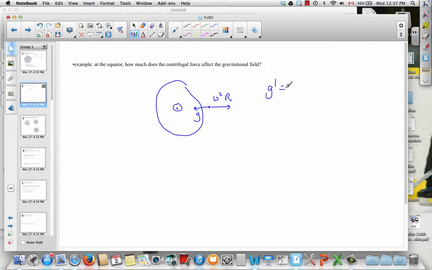So the resulting gravitational field is just made a little bit smaller by the centrifugal effect in the accelerated reference frame. Because omega is so small, after you square it, even though the radius of the Earth is significant, it's 6 million meters, you end up with a fairly small correction here to the gravitational field. And that correction gets smaller with latitude.